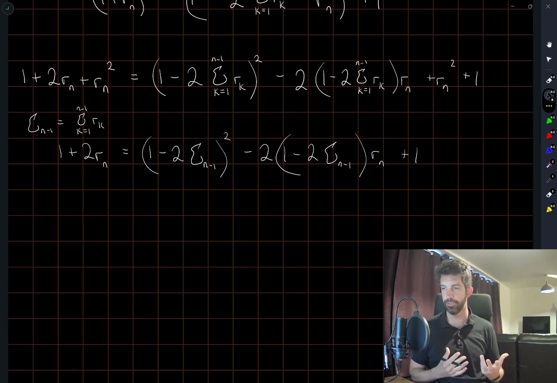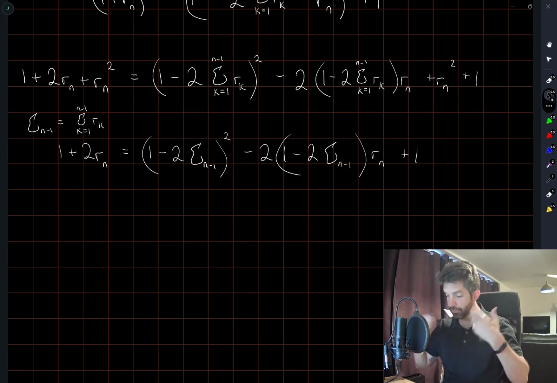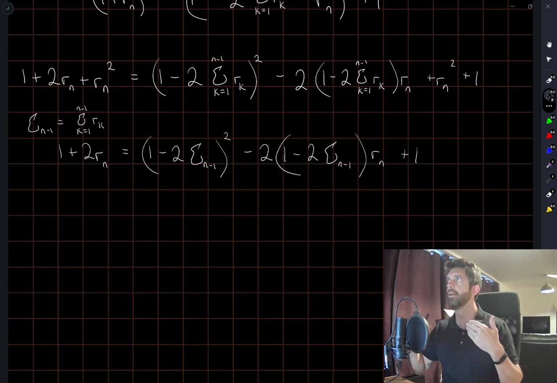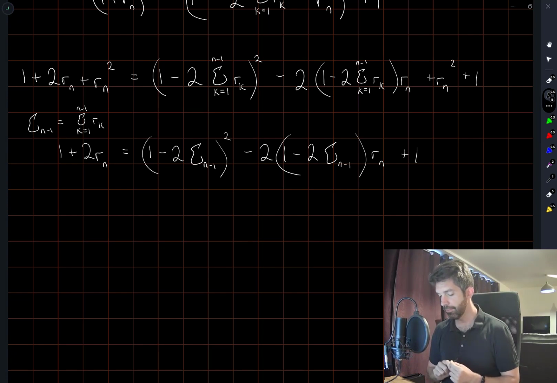So what I think I'll do now is write out explicitly the first few values. Let me solve for Rn and then write out the first few values of Rn.